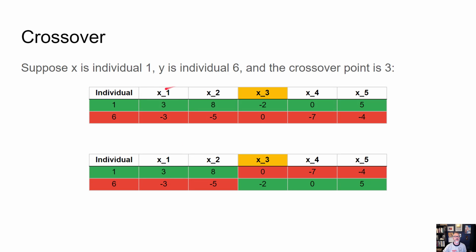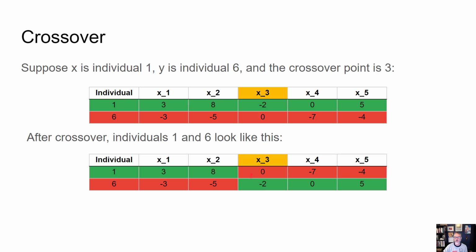If I have an individual here, I'm choosing X is individual 1, so that would be the second individual in the population is chosen to undergo crossover, or that's the first time that the random number generator gives me a number less than 0.6. Y is individual 6. And then a crossover point is chosen to be 0.3. Then after the crossover, this is what the result would look like, right?